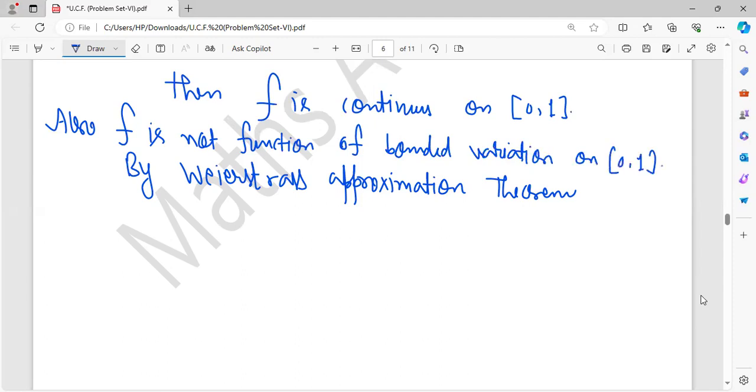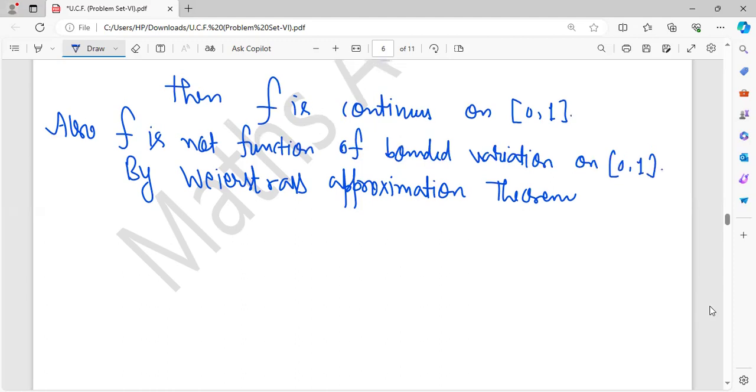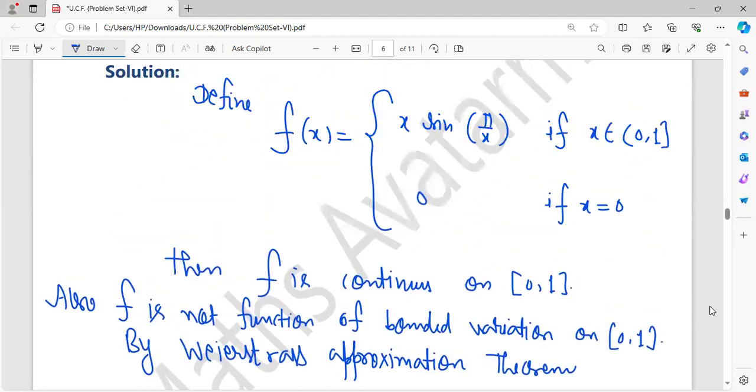This is a standard example. We have this function that is continuous and it is not a function of bounded variation. You can check that this function is continuous on the closed interval and it is not a function of bounded variation.